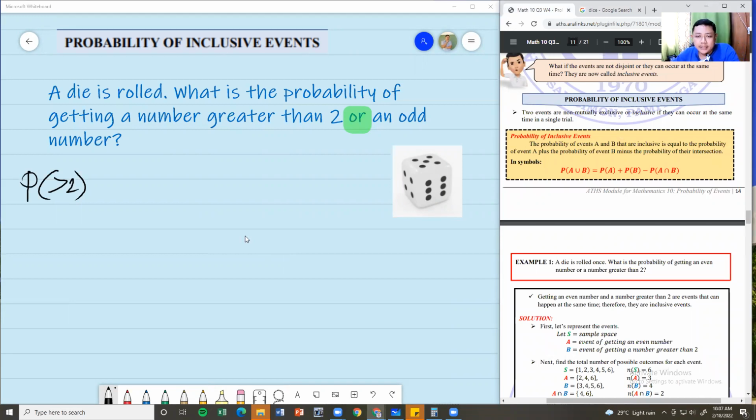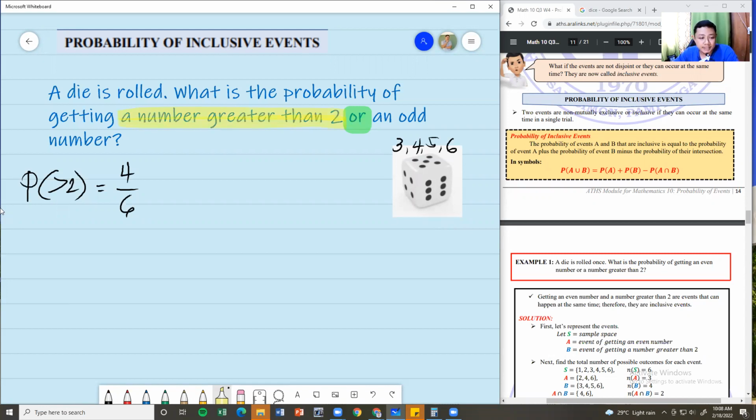Okay, very good. They are 3, 4, 5, and 6. Those are the numbers greater than 2. So therefore, what's the probability? That is 4 over 6, which is the total. Okay, that is the first event, a number greater than 2.